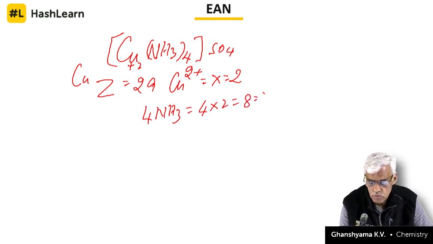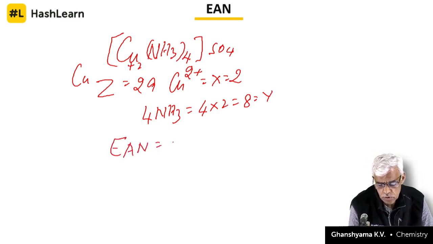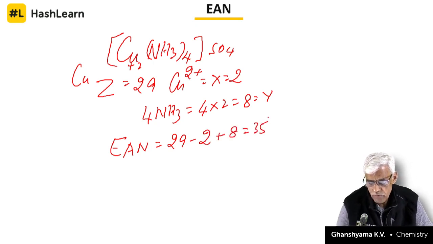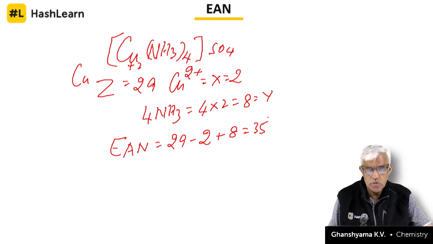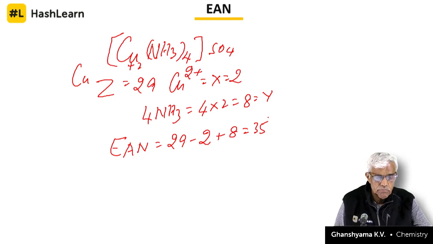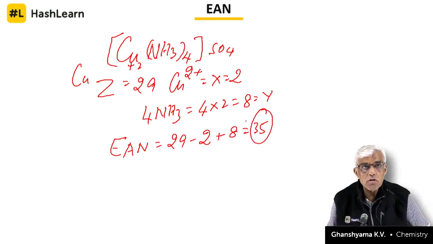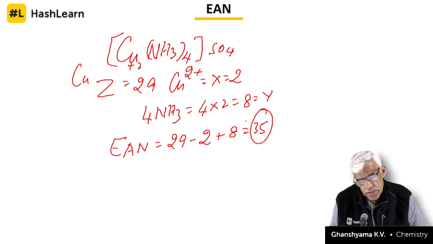That is equal to Y. Therefore EAN is equal to Z minus X plus Y. It comes to 35, nearer to krypton, not equal to that. So this is about EAN. They try to attain the electronic configuration of the next noble gas.